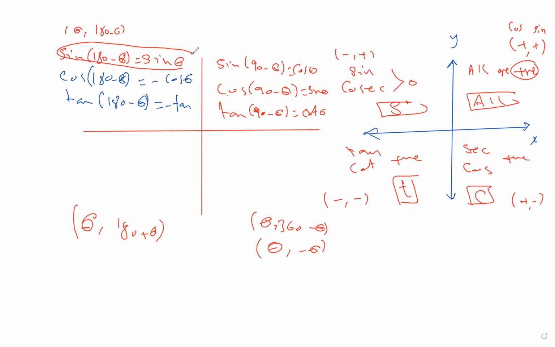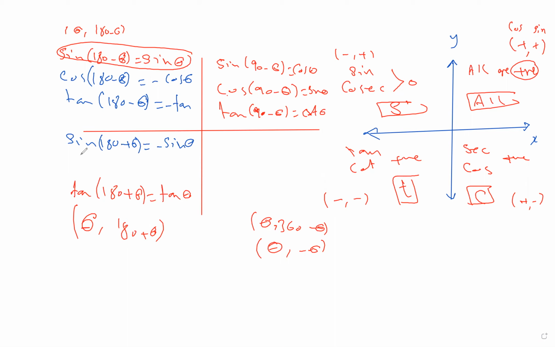Here, tan 180 plus theta equals tan theta, but sine 180 plus theta will be negative sine theta because the sign in the third quadrant is negative.